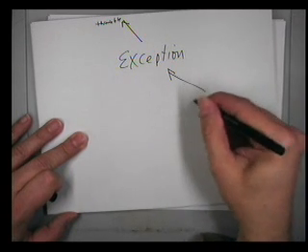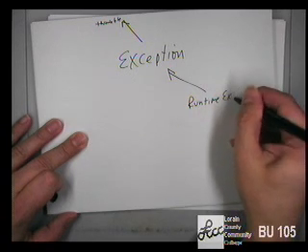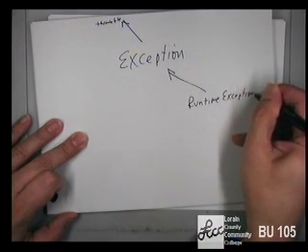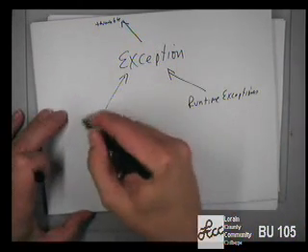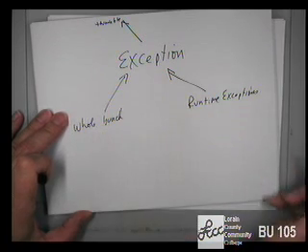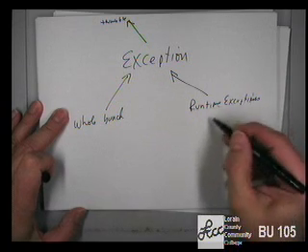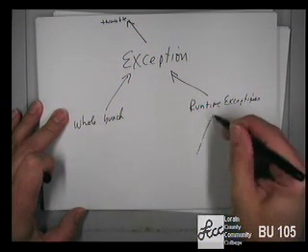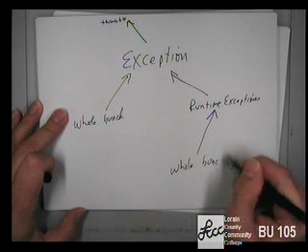Inheriting from that are runtime exceptions. And inheriting from that also is a whole bunch of other exceptions. From runtime exceptions, there can be also inheriting a whole bunch of exceptions.